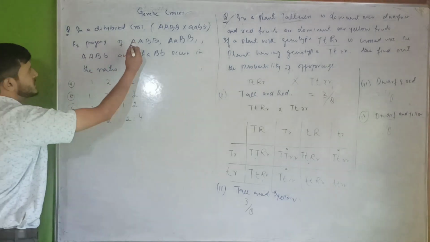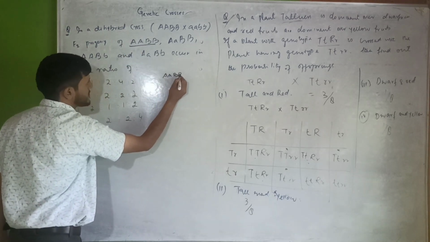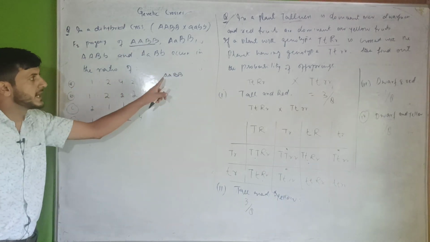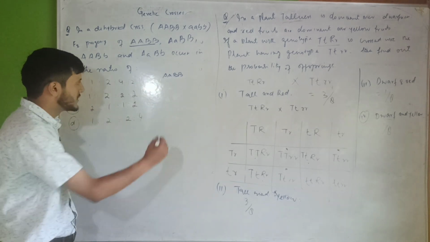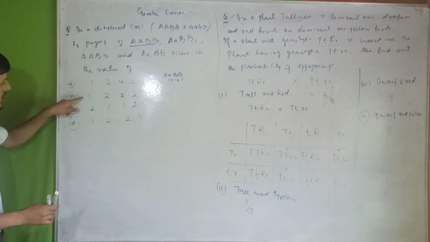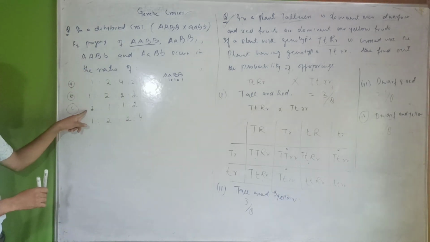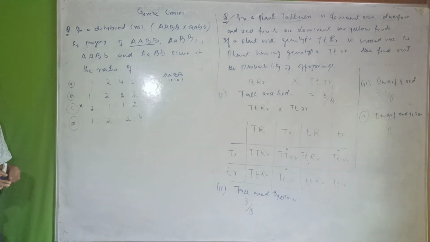See, first we will look at capital A capital A capital B capital B. As we already know, both characters are in homozygous condition. 1 into 1, that will be 1. In option C this is 2, so option C is eliminated.